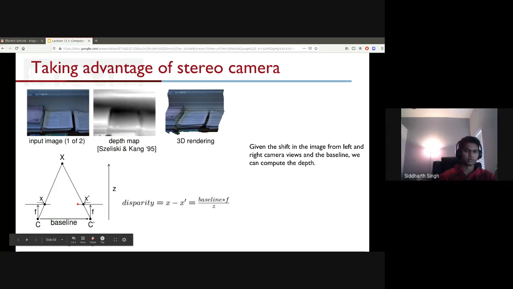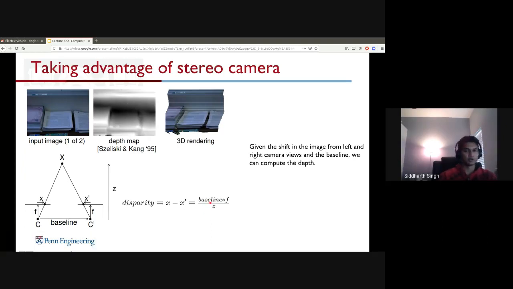Pure geometry. But what this helps us in is finding the Z depth. I know the pixels, so I can find x minus x dash. I know the baseline because I formed the stereo camera myself. I know the F, the focal length, because I know the lens that I've used. Hence, I can find out the depth, right?